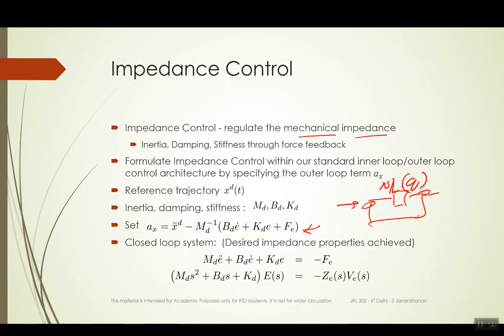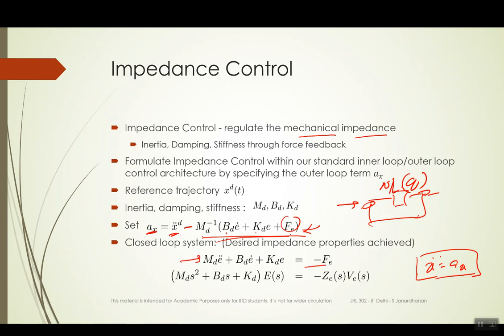Now in the earlier example, you have x double dot is equal to ax, that was what we ended up with. So if you set up the desired acceleration as xd double dot minus this expression, where md, bd, kd and fe are what we desire, fe is actually the force feedback that we desired, then what we end up with is this situation.